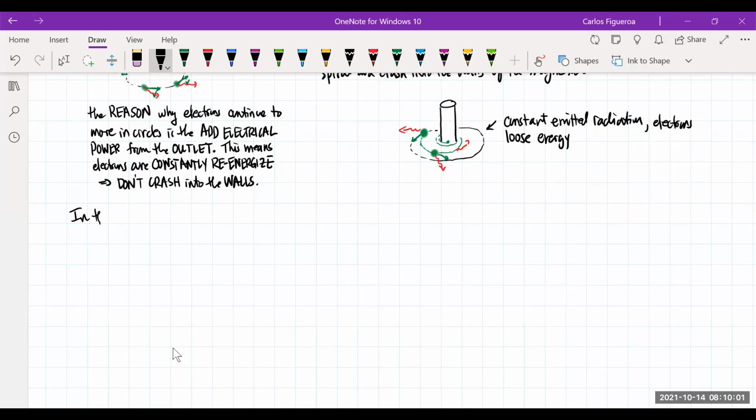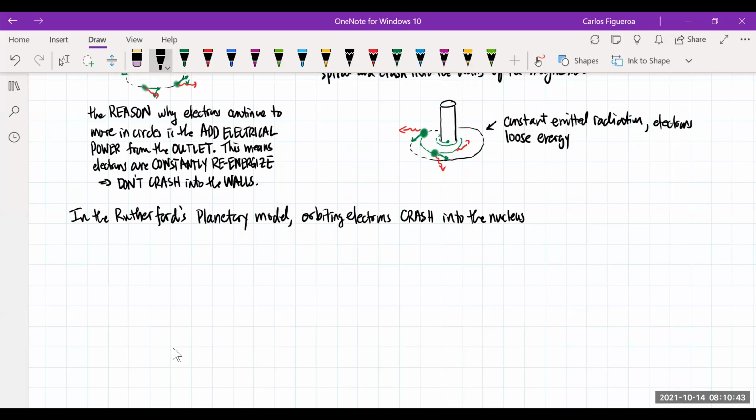So in Rutherford's planetary model, orbiting electrons crash into the nucleus within 10 to the negative 8 seconds.